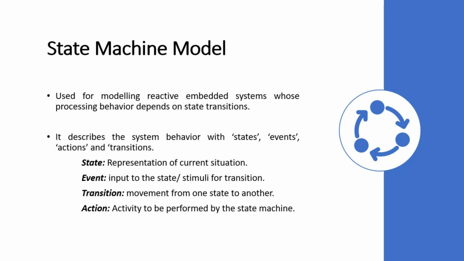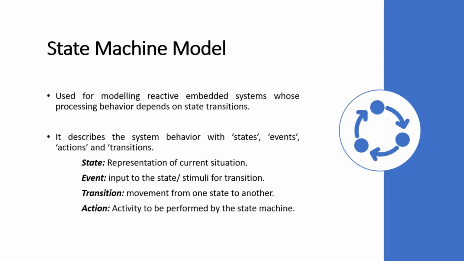So the state machine model describes the system behavior with four things: states, events, actions and transitions. State is basically a representation of the current situation, what is happening now. An event is input to the state.